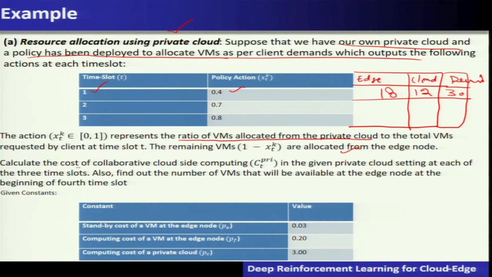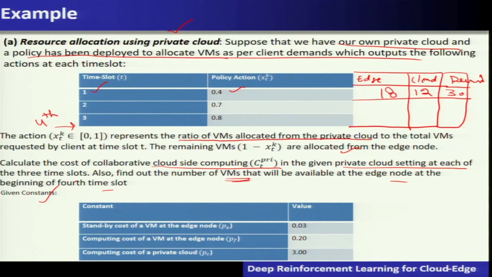So let us calculate the cost of collaborative cloud edge computing, the total cost in the given private cloud setting at each time slot, and also find out the number of virtual machines that will be available at the edge at the fourth slot. So that is the third and the fourth slots.